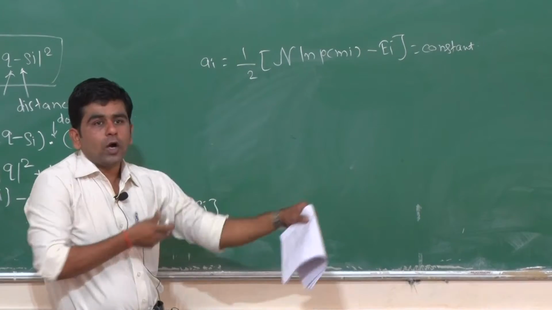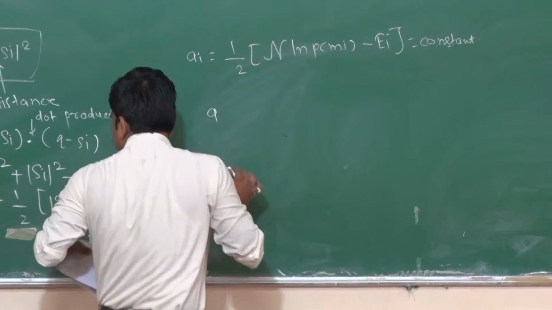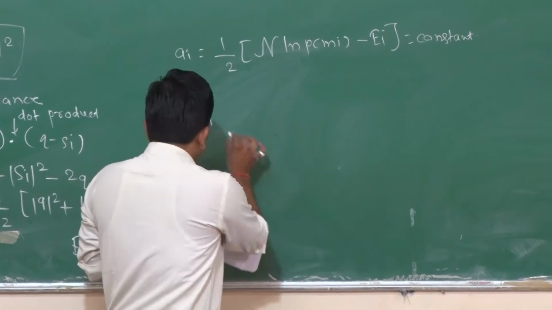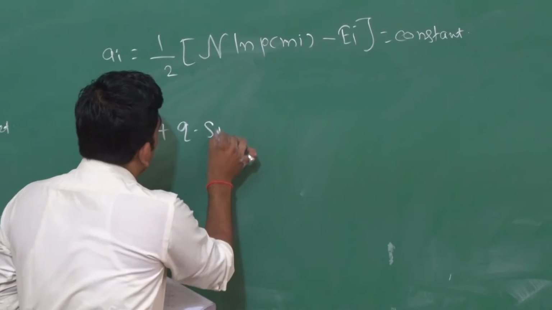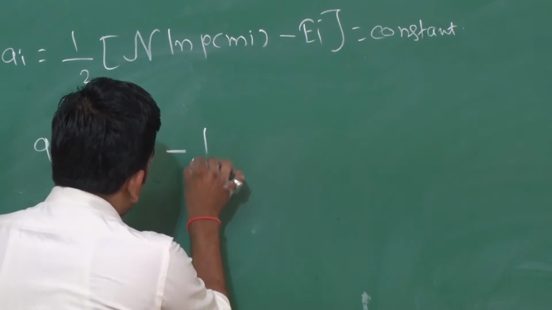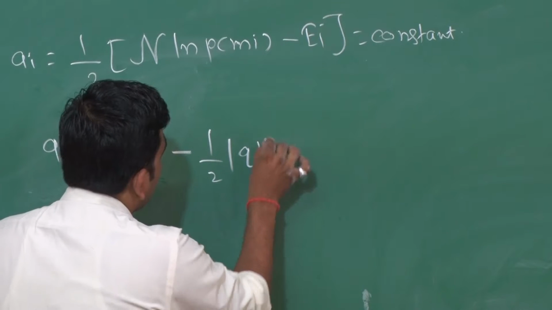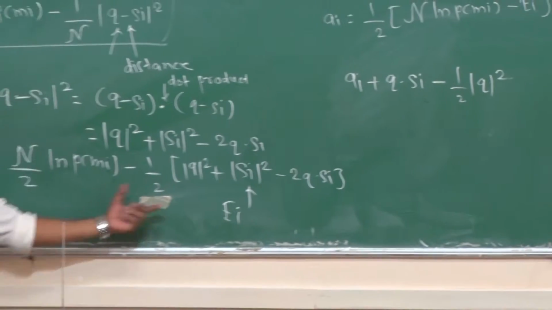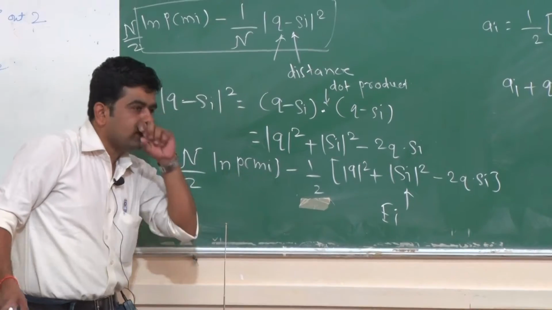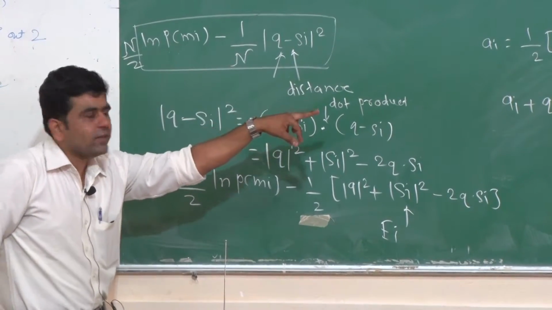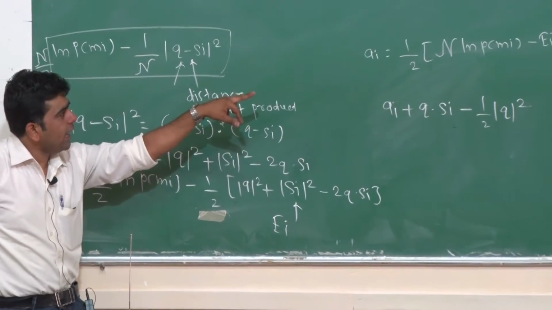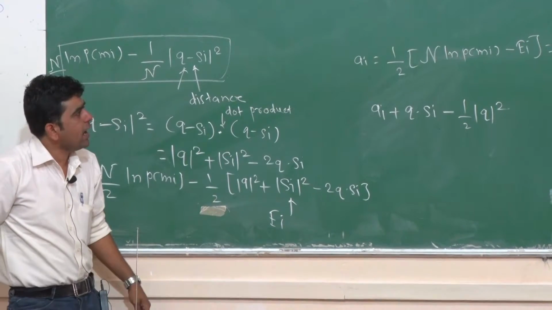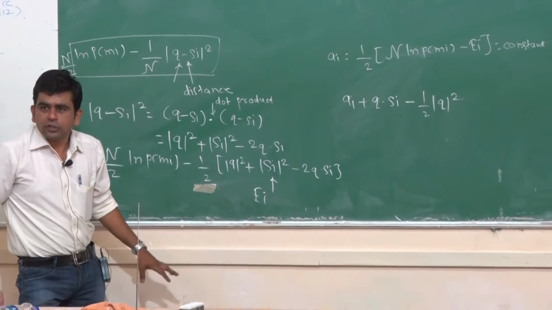So here this equation becomes AI plus Q into Si minus 1 by 2 Q square. We are representing this equation by collecting the terms which are constant, that is AI, which represents 1 by 2 in bracket N into natural log of probability of Mi minus EI. This is the constant quantity.